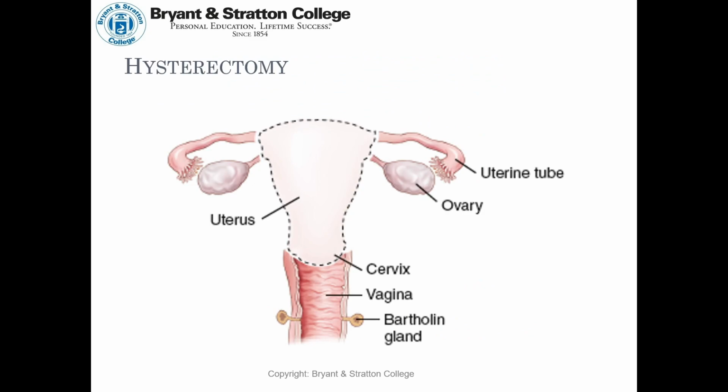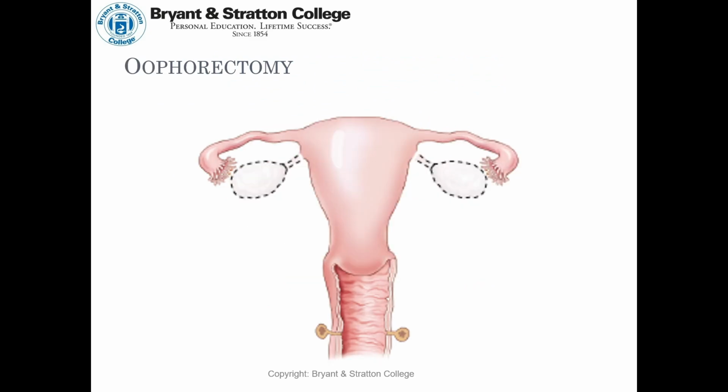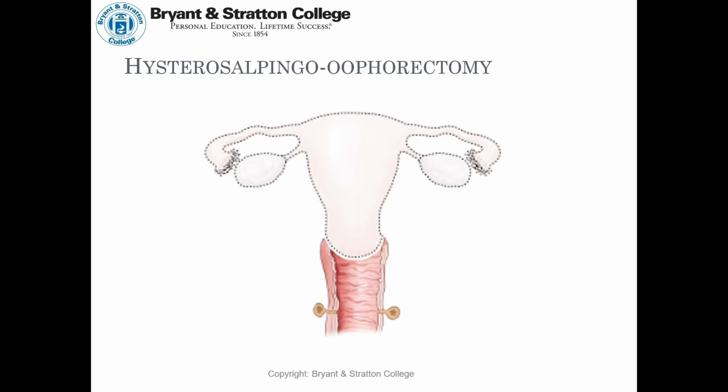A hysterectomy is literally the removal of the uterus. Again, we're showing the oophorectomy, removal of the ovary. And we can also have a hysterosalpingo-oophorectomy, which is a removal of essentially everything above the vagina.